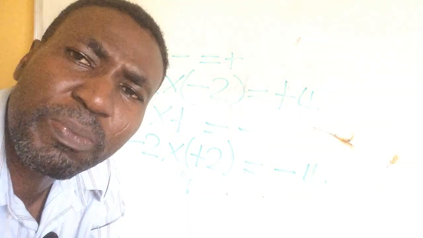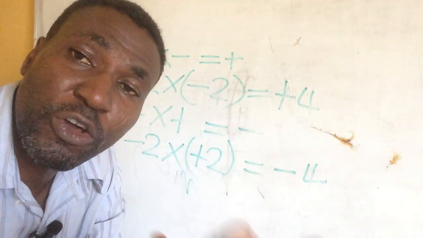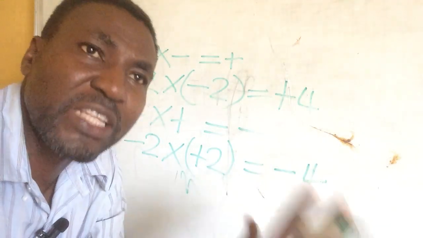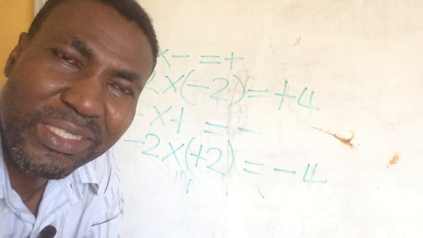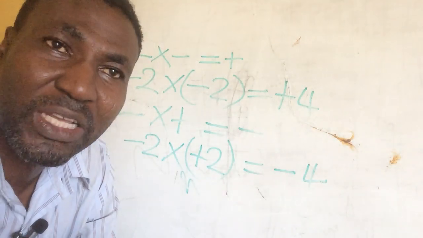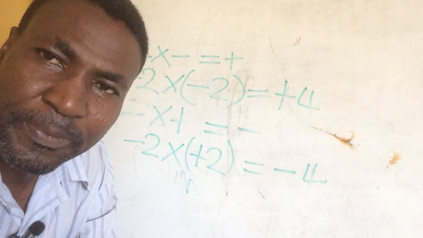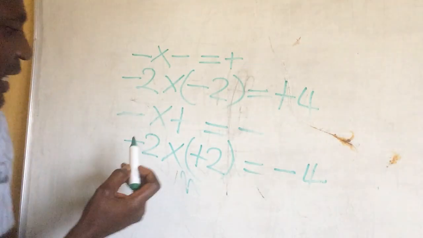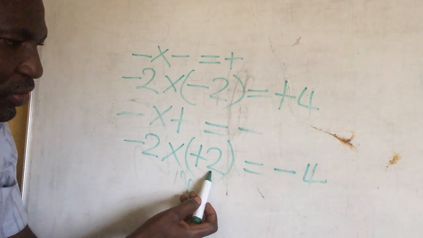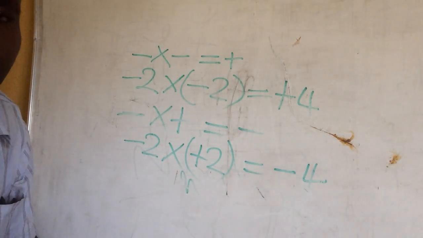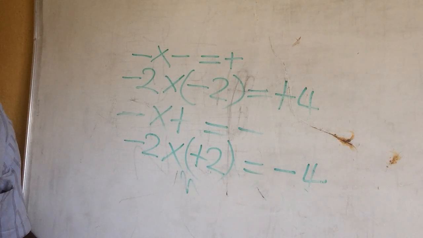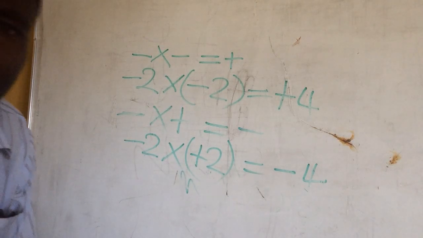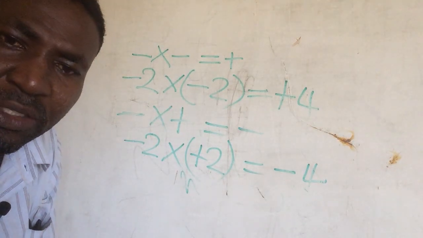Then whenever you're multiplying and one of the numbers has minus and the other one has not, maybe the other one is plus, the answer will be minus. Take for instance minus 2 times plus 2, the answer will be minus 4. All this used to be difficult for some students.